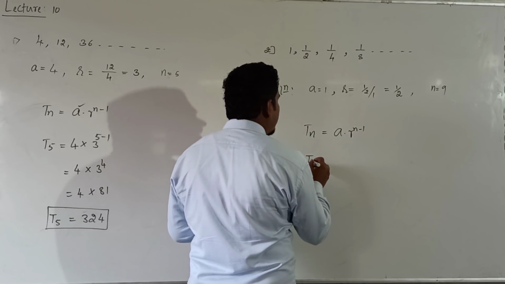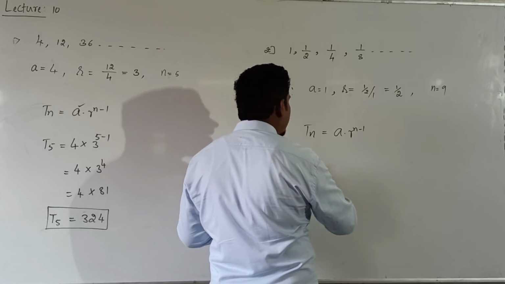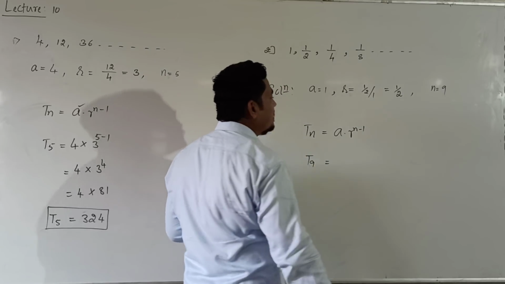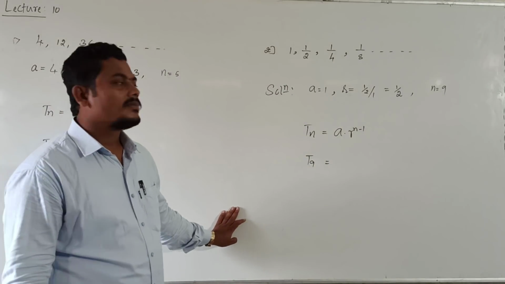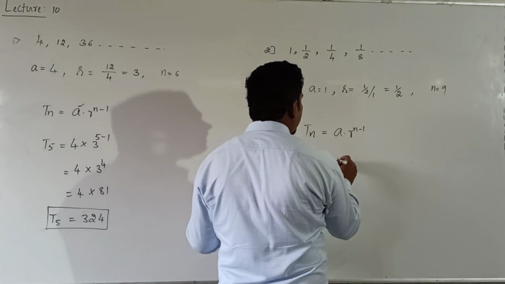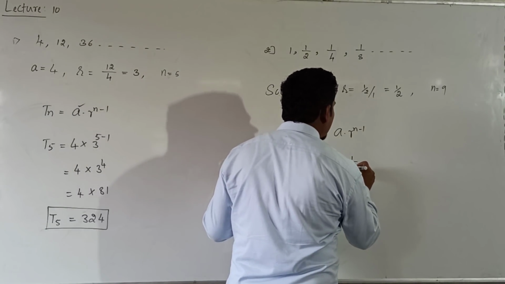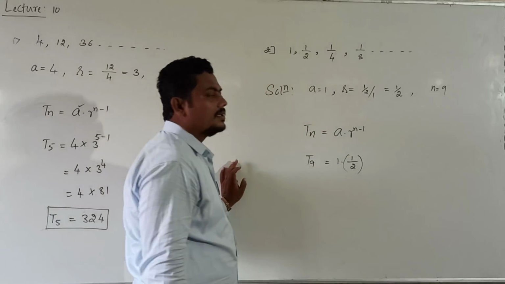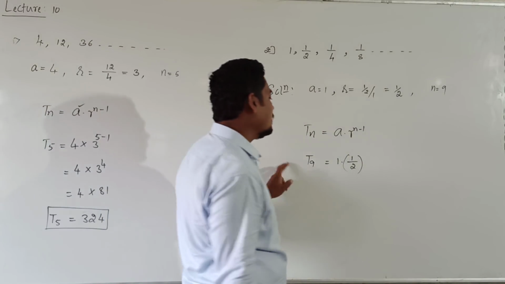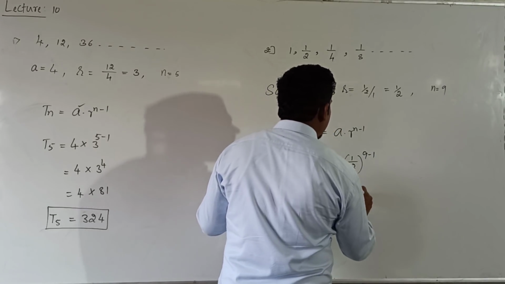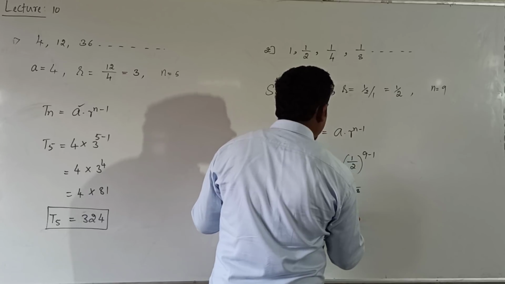After that we need ninth term, means replace n value 9, that is T9 equal to, what is A? A value 1 into, what is R value? That is 1 by 2. Whole thing power, that is n value. T9 means n value 9, 9 minus 1. It will be 1 divided by 2 power 8.